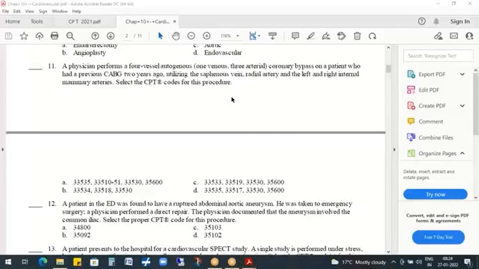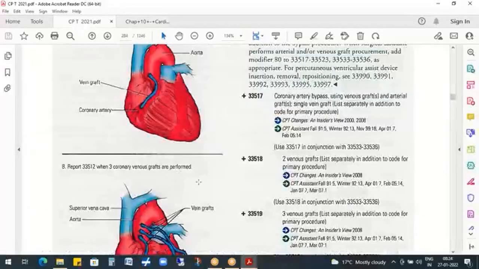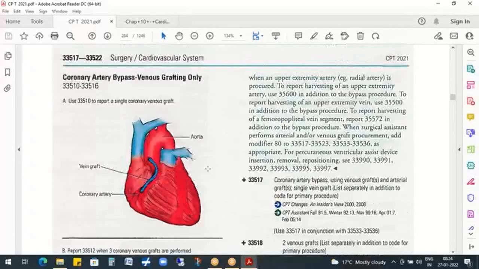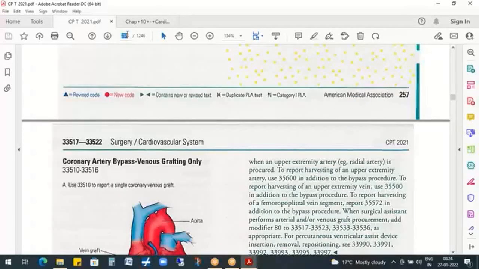That means how they can place the leads: transvenous or epicardial. How many leads can they place? Single, 2, 3, like that. Understood? These are the basic points we need to look for. Now go to the code series in your book. 33206.